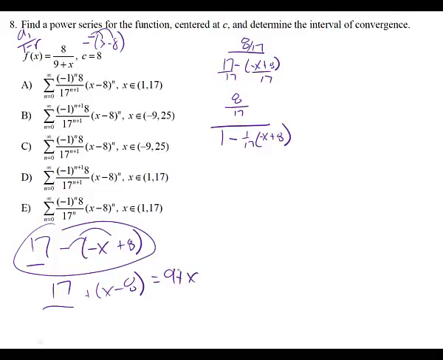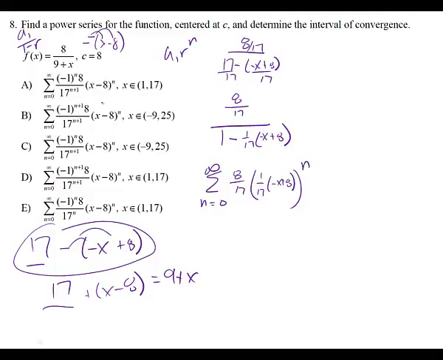All right, now I'm going to put that into my general term, because I know that this can be the a sub 1 times r to the n, right? So what is my a sub 1? Eight over 17. Good. The r is this thing right here, this 1 over 17 times negative x plus 8, all to the n power.